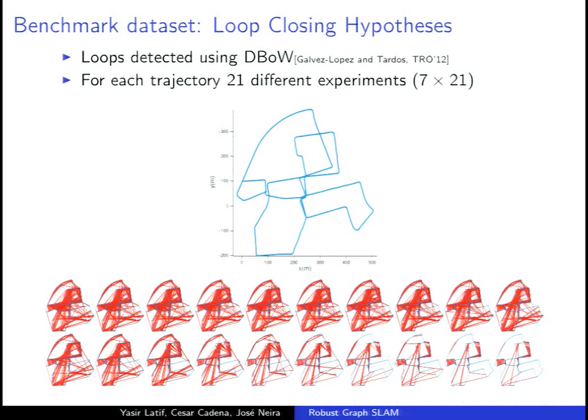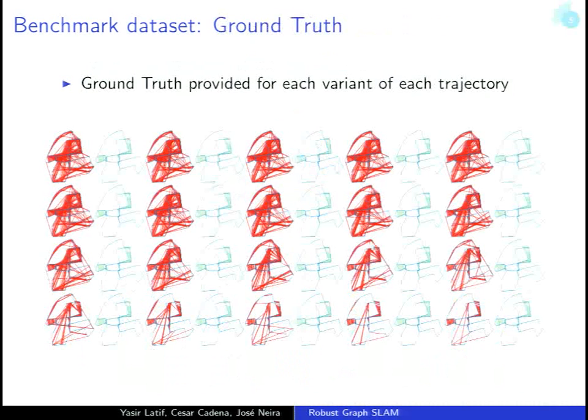Now, for each of these experiments, we manually annotated the ground truth, because depending on the parameters, you may detect some loop closures in one experiment, and you may not detect the same in others. So for each of these experiments, we generated manually annotated ground truths. So now you have 7 × 21 data sets on which you can try your algorithms.